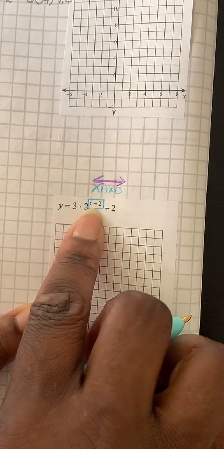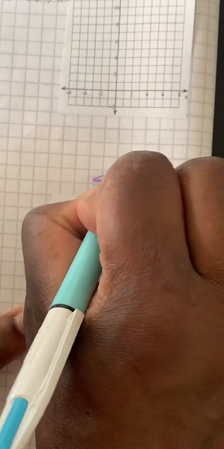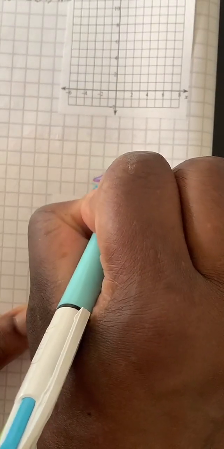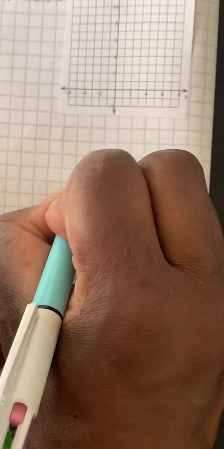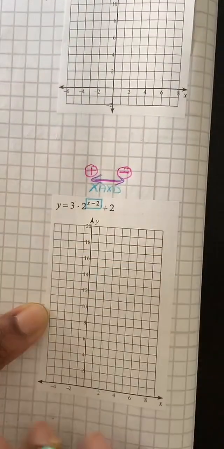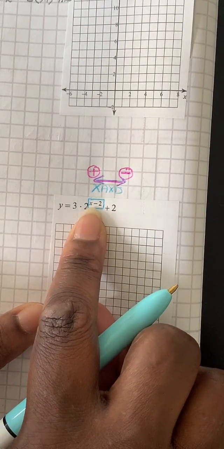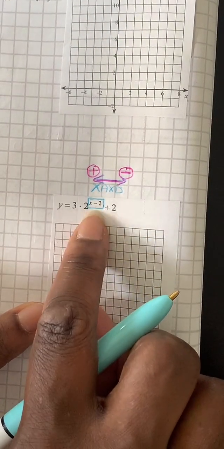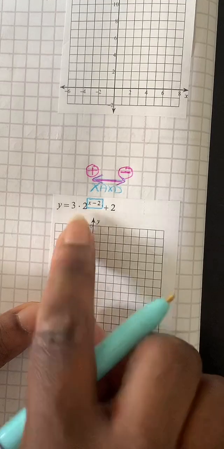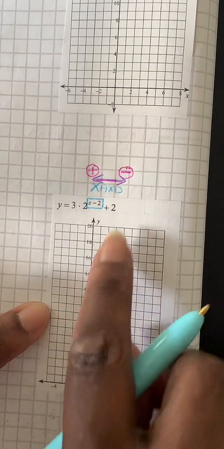Now, if it's negative, or minus, you're moving to the right. If it's a plus, you're moving to the left. You always do the opposite of what you see, because the original formula will be x minus your h.